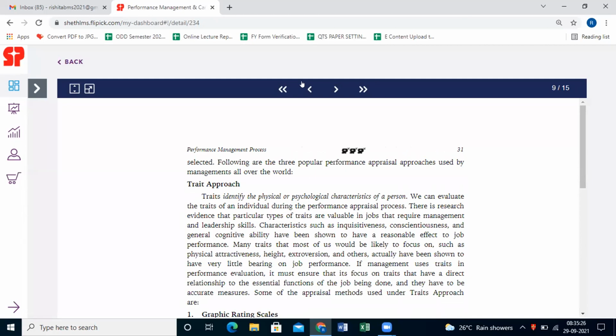In the last session, a very quick recap of what we have done. Performance appraisal is identifying the strength and weakness of the employee and accordingly rating them, based on certain criteria and parameters.